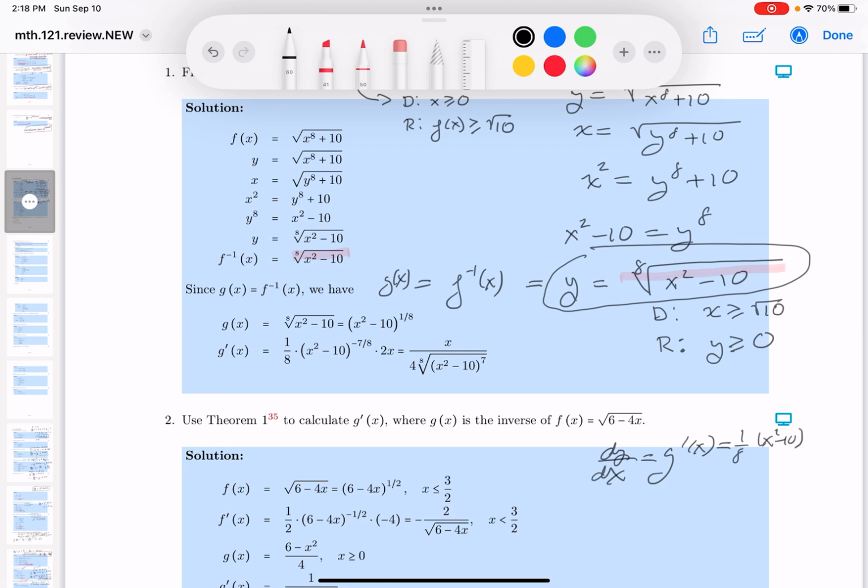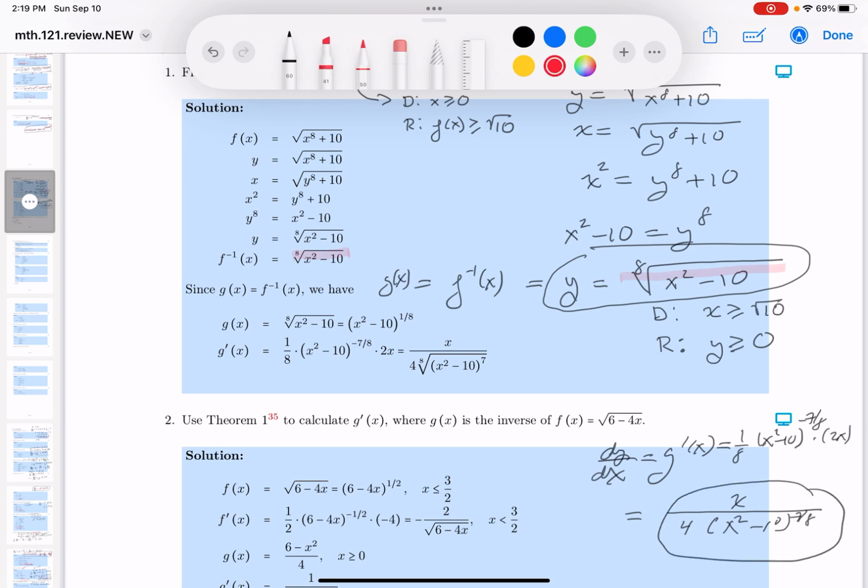Remember, I had an exponent of 1/8 there, so I have to take 1 from that. 1 from 1/8 would be minus 7/8. And there's the inside's 2x. I want to clean it up a little bit, and I'm going to just simply say 4x, and then I'm going to put down x squared minus 10 to the 7/8.